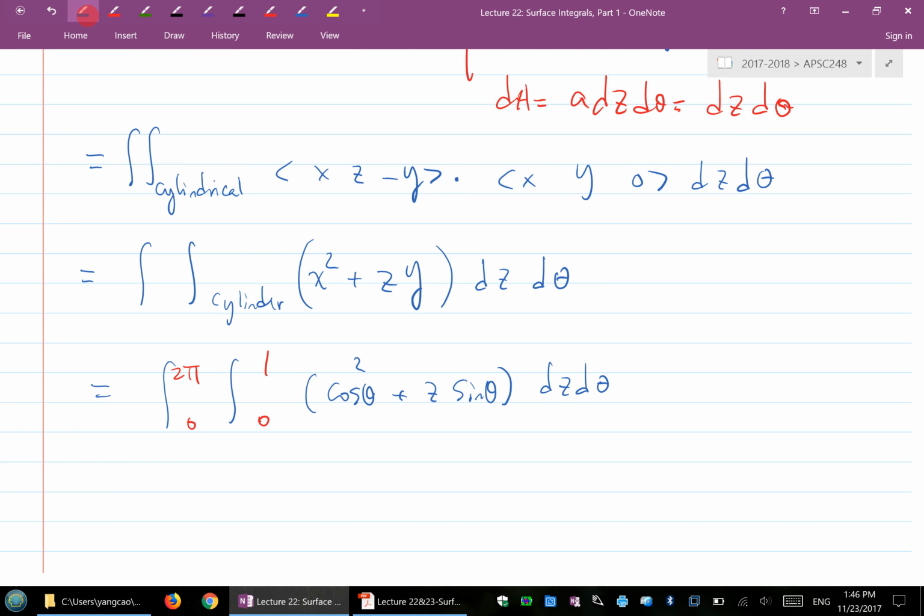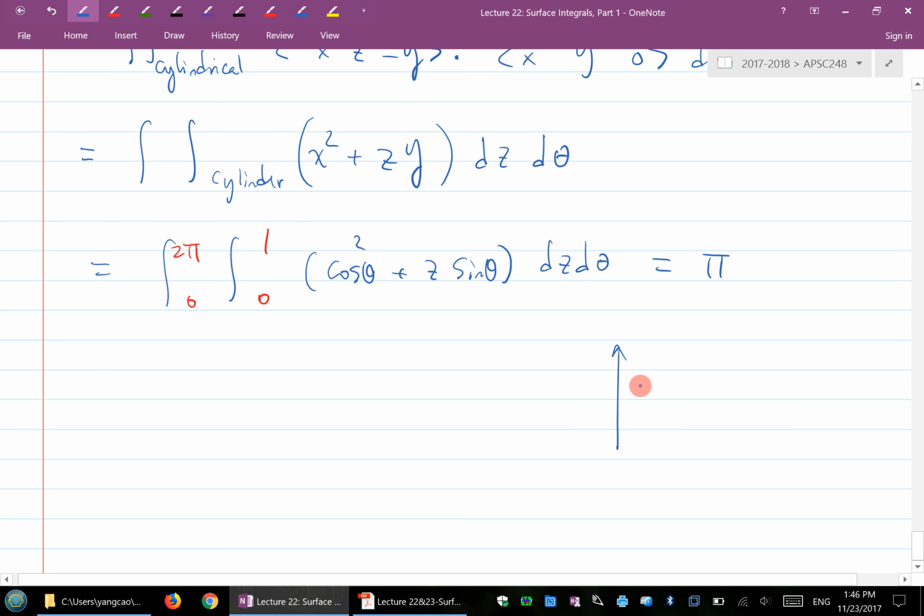So that's the limit. And the rest of the work is just simple integrals to finish this whole thing. You can try it out. There is a little bit of trig identity involved for this question, but you're going to get a number equal to pi.